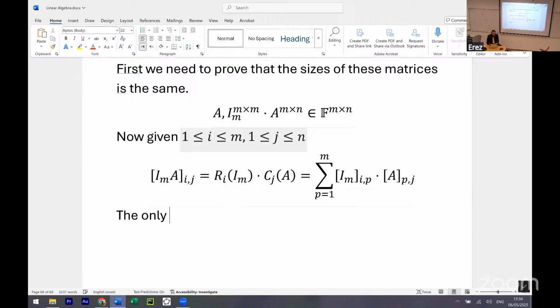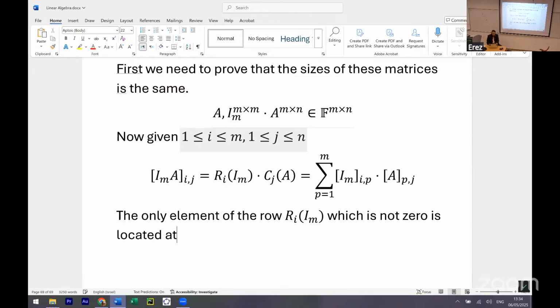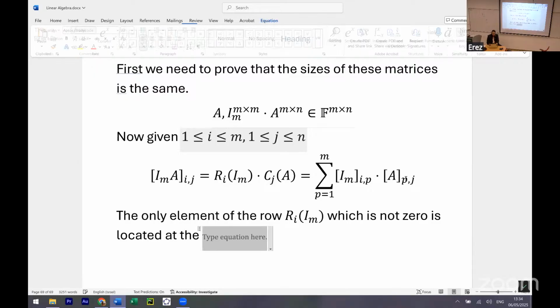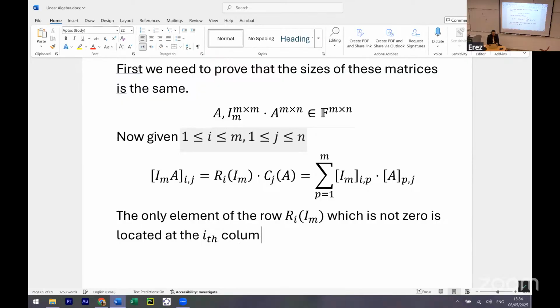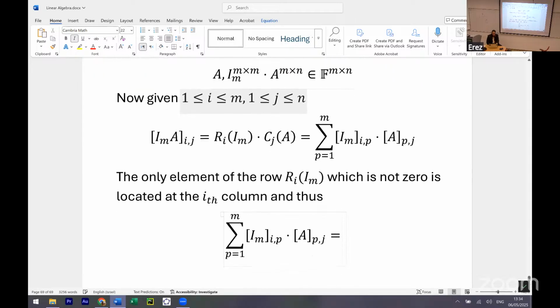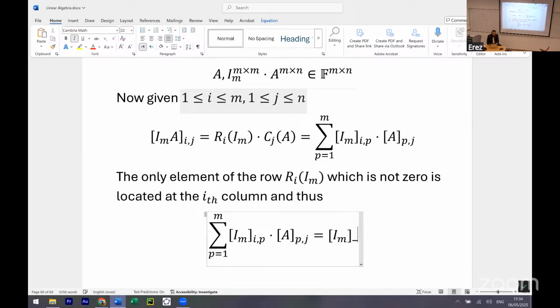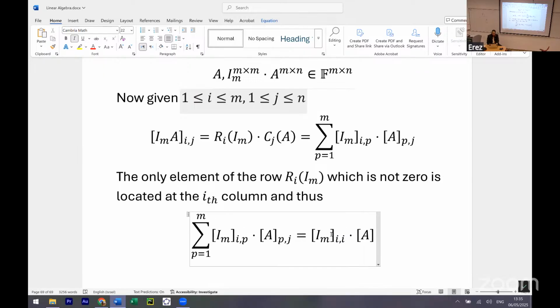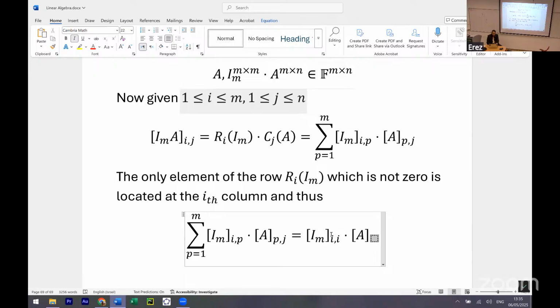In any case, the only element of the row i of I_m which is not 0 is located at the ith column, and thus we get this equals I_m at ii times A at which place? ij. ij, exactly.